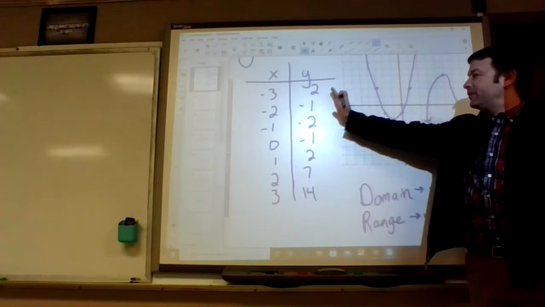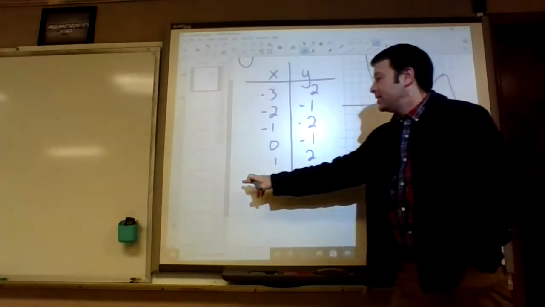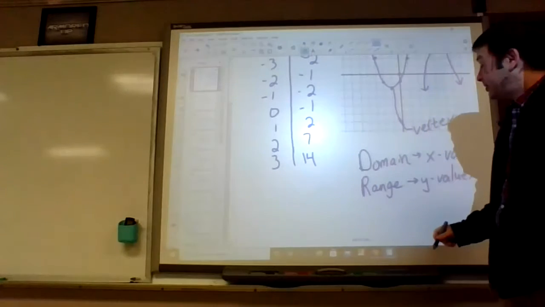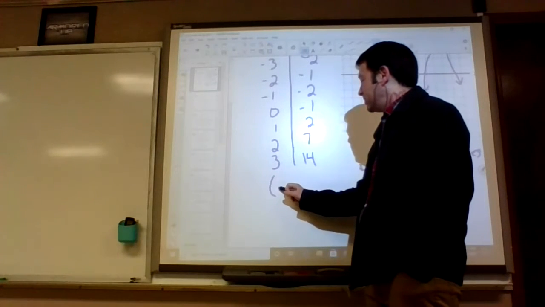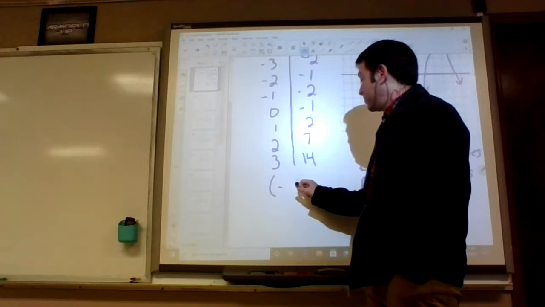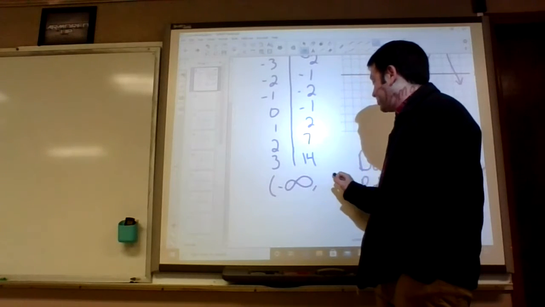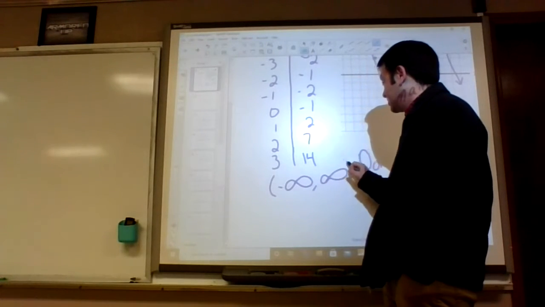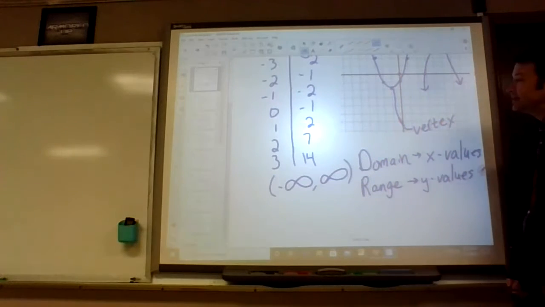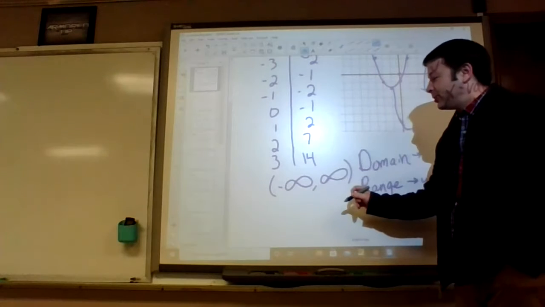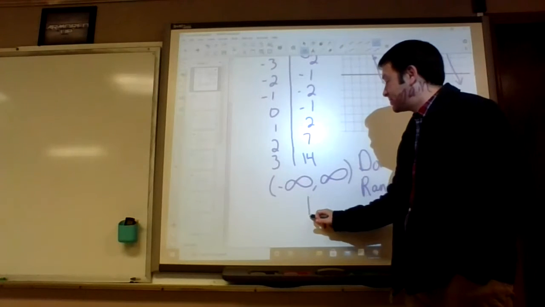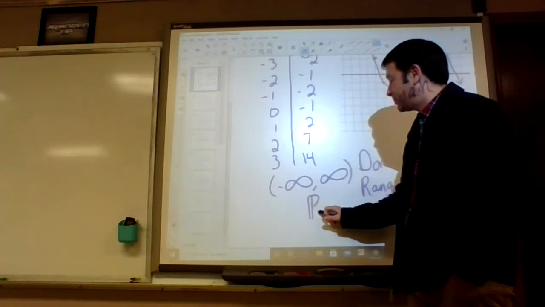Well, I can go infinite in both directions, right? Now, there's two ways we could write this. It could be written like this, going from negative infinity to positive infinity. That means everything, but the way the book writes it instead is all real numbers.